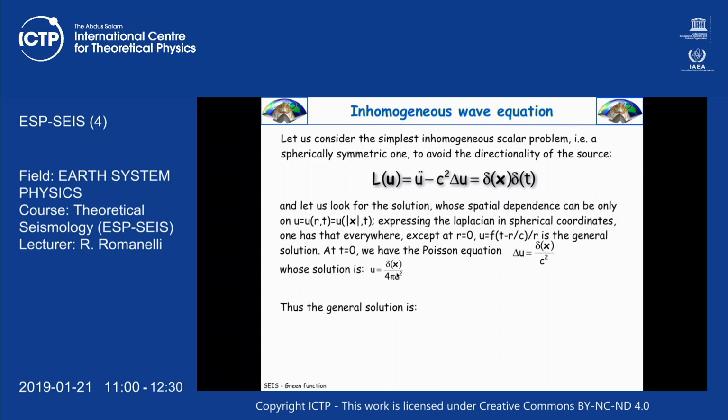We have some normalizing factors here, but if we have a delta, we can imagine propagation. A delta will propagate, but we will need to take care of the retarded time. We have to wait for the perturbation to reach the receiver. And that's why the solution is like that.